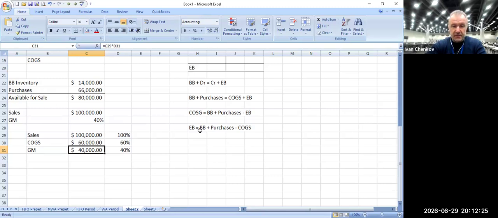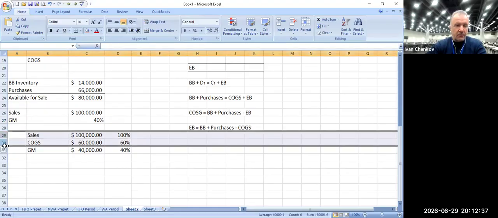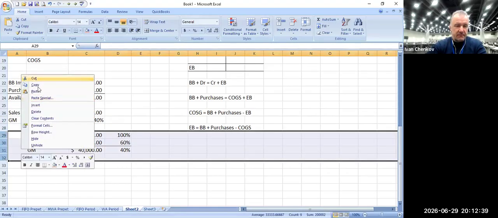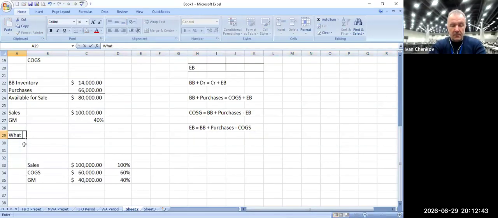So if the question asks you, you have the beginning balance, purchases, sales, gross margin, and here the question may ask you, what's the ending balance of the inventory? What is the ending inventory balance?